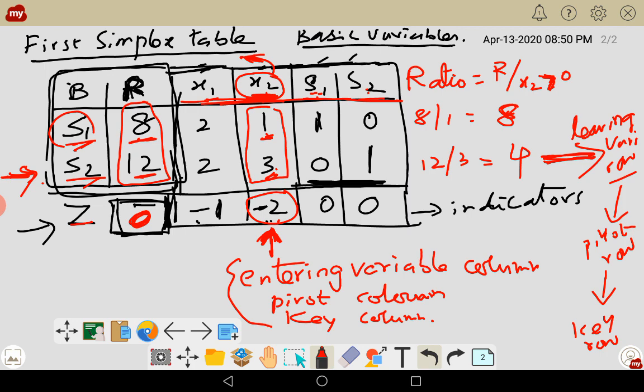So we understand that from the next table, this s2 will not be staying back here. This will be kicked out, and this variable x2 will come and join this group from the next table onwards, right? Now this is our leaving pivot row, and this is our pivot column.